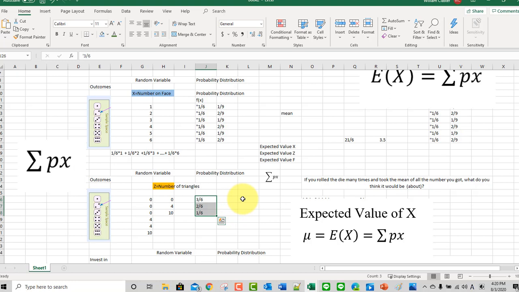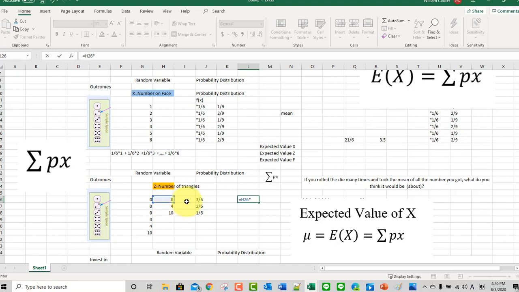How would we do that? We would say this equals this times this probability, and then we could just copy the formula down to here, and then sum these up.